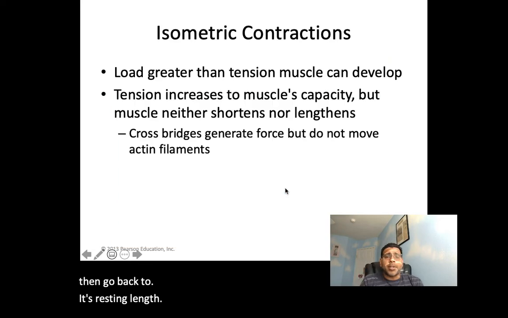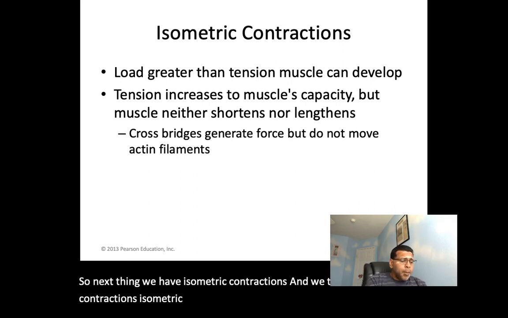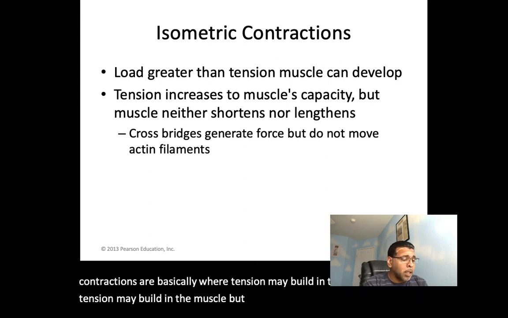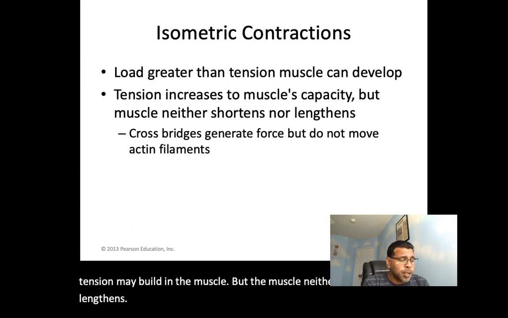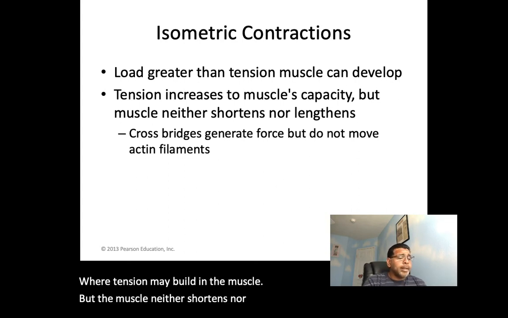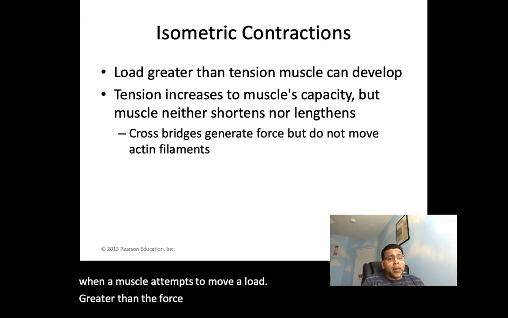Next we have isometric contractions. In isometric contractions, tension may build in the muscle, but the muscle neither shortens nor lengthens. Isometric contractions occur when a muscle attempts to move a load greater than the force the muscle is able to develop.